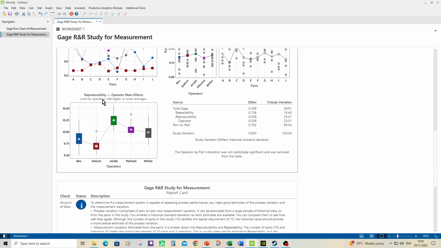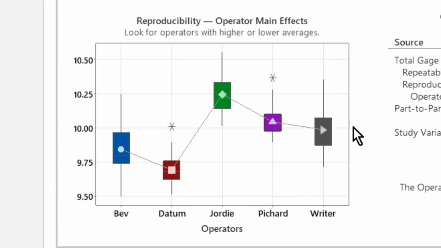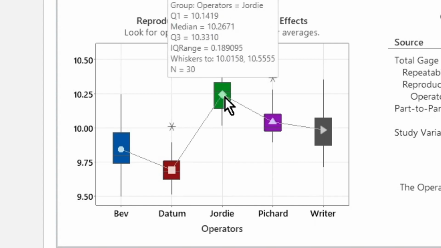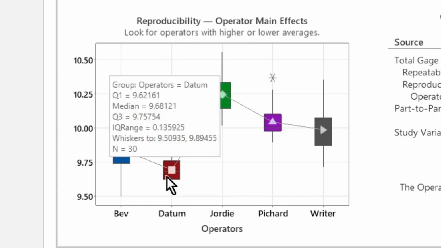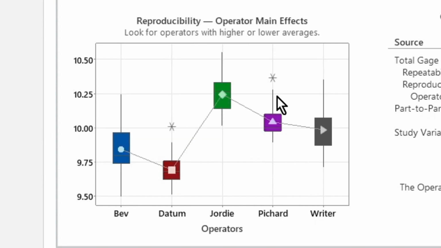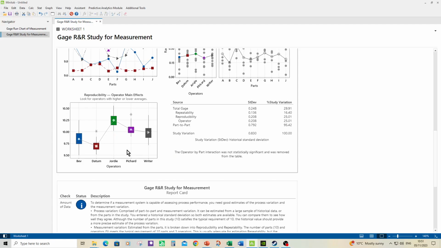So looking at the reproducibility operator main effects chart, to reduce the reproducibility, we would need to make the operators more aligned in terms of their measurements. As you can see, Geordie's kind of the highest, and then Datum's the lowest, and the other operators are in between. So we'd have to figure out why there's a measurement bias between the operators and reduce that.